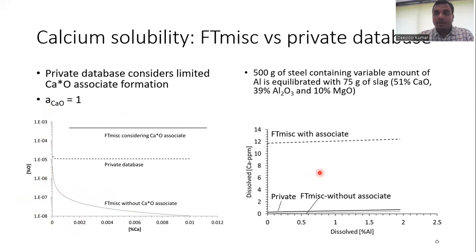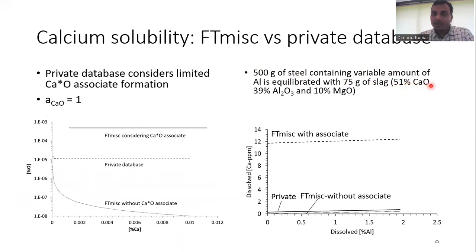Now, we were discussing the effect of aluminum on calcium solubility, because different observations are made for low and high aluminum content regarding calcium pickup in the steel. So the condition here is 500 gram of steel containing a variable amount of aluminum, equated with 75 gram of slag.